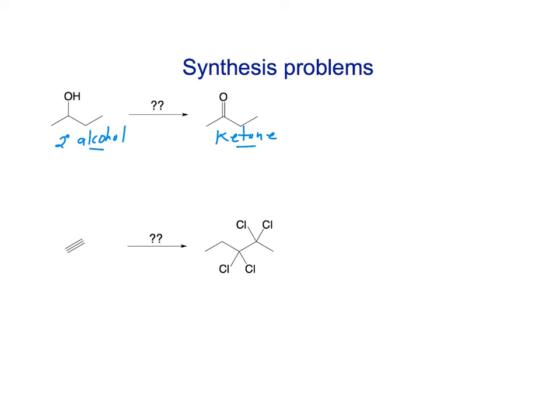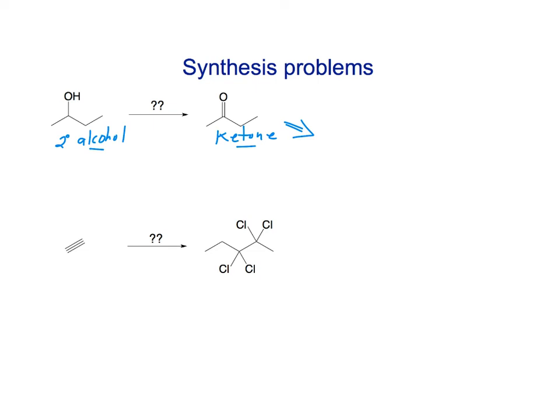Well, the one way that we've seen to make a ketone is to make it by hydration of an alkyne. So let's do this in a retrosynthetic way first. So we could go to either of two alkynes, right?